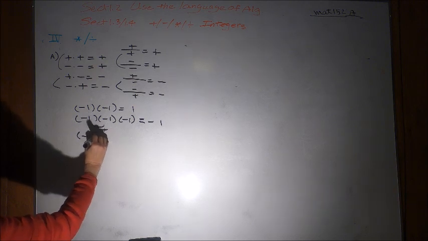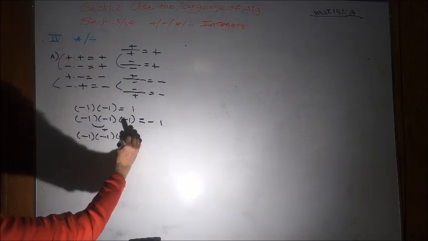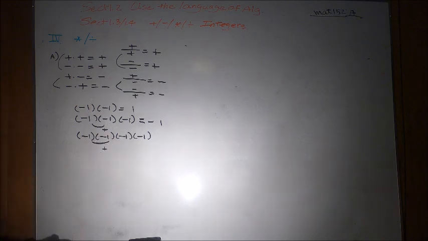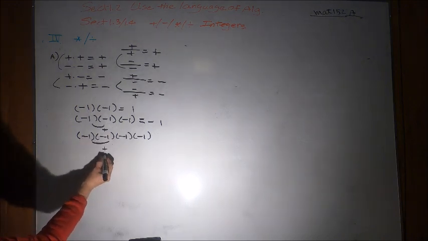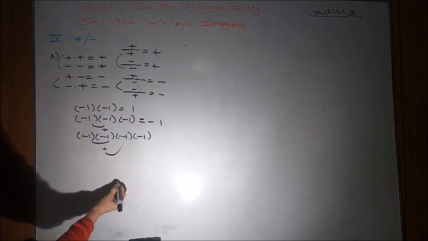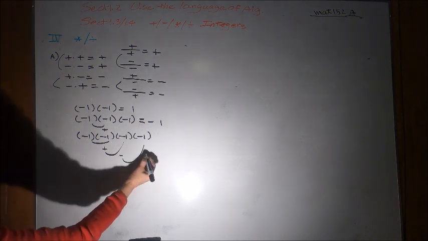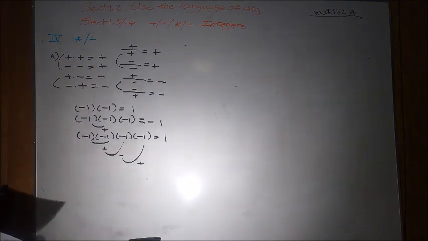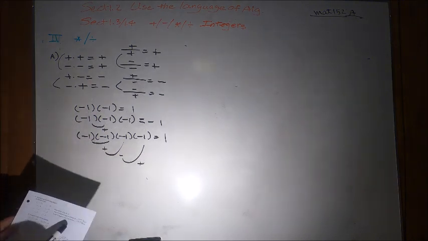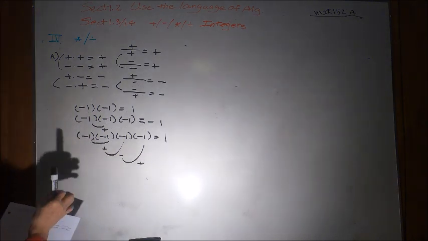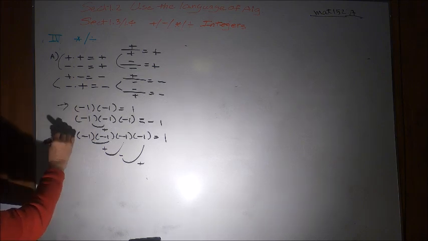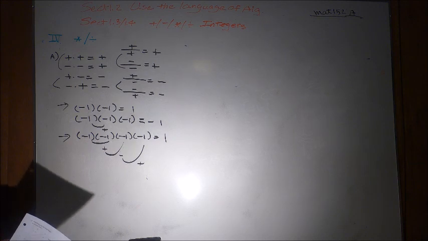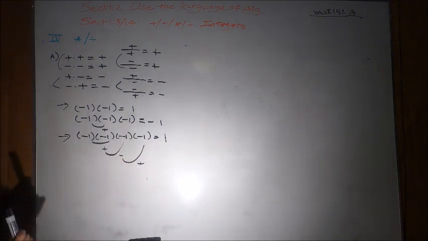So if negative 1 times negative 1 times negative 1 times negative 1, that would be what? Negative times negative, positive, positive times negative, negative, negative times negative, positive. You become positive. That's what we were saying here on the right hand side. Even number, if 2 or 4, even number of negative signs in the problem, you end up with a positive.